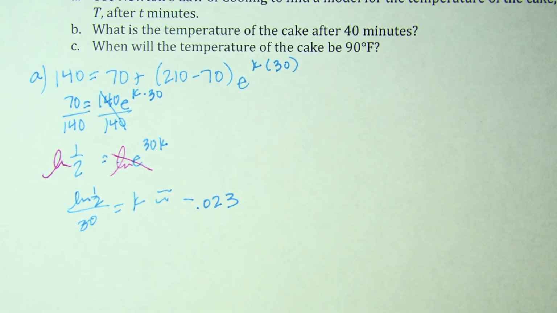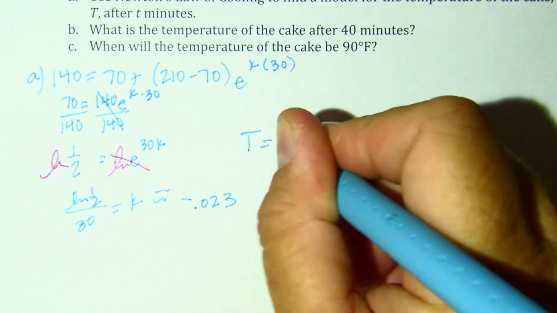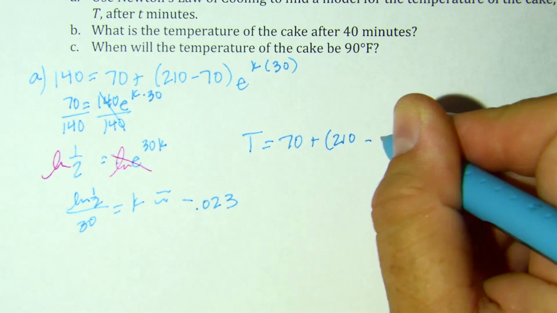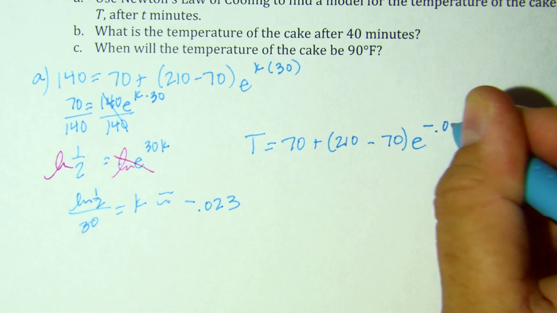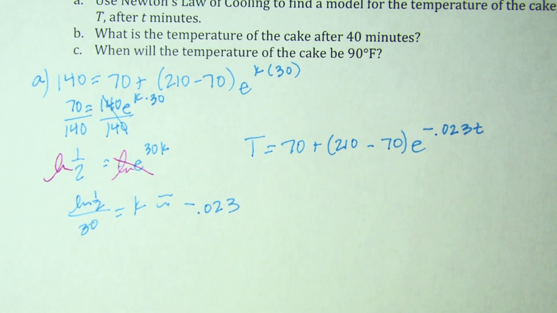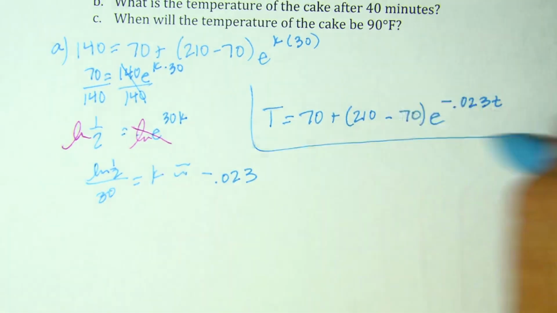So then the model that we're looking to write would be T equals 70 plus 210 minus 70 e to the negative 0.023 t power. All right, so that's for part A.